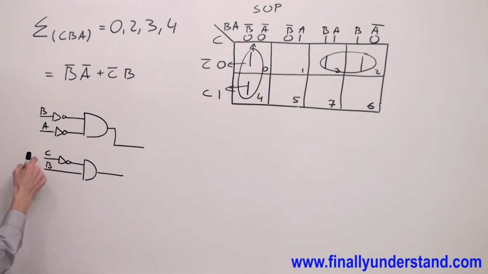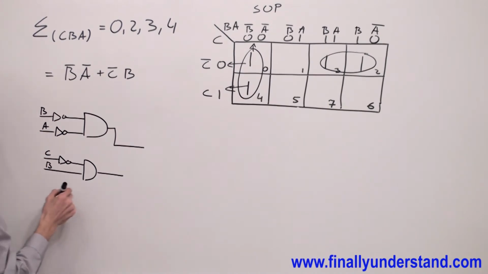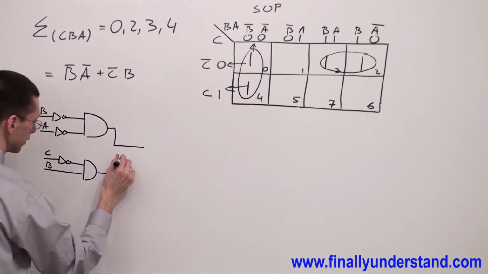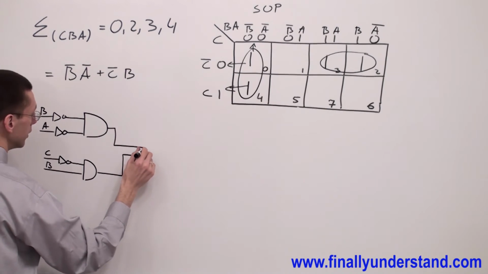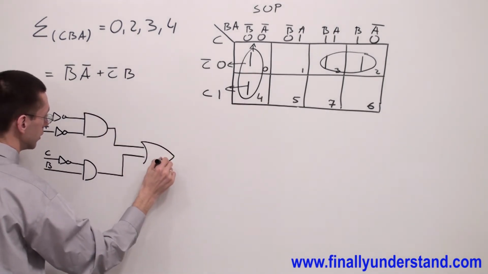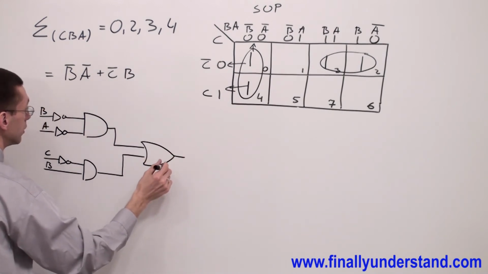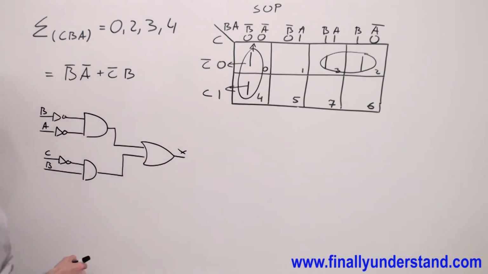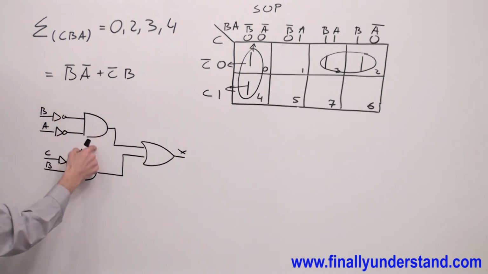I do not connect them on the board, but if you are going to look at the electronics diagrams, anytime you see B and B means there is always physical connection between these two points. And everything is ORed together. This is my output. So these are the solutions to my problem.